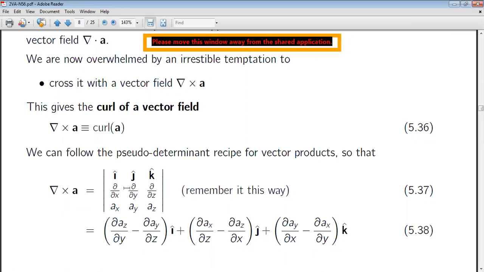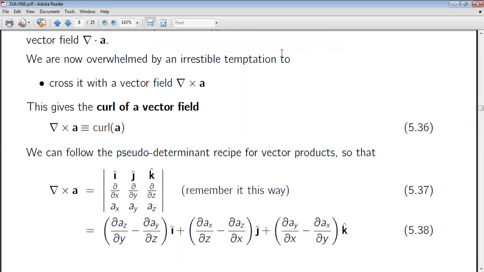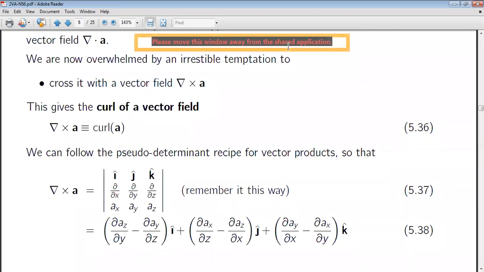In the determinant, i cap j cap k cap is written in the first row. In the second row, you have to write the coefficients of i cap, j cap, and k cap from Nabla. What is the expression for Nabla? i cap del/del x plus j cap del/del y plus k cap del/del z, isn't it?